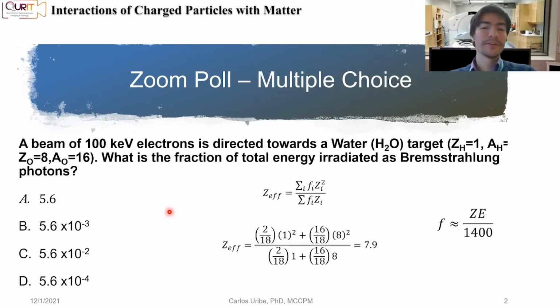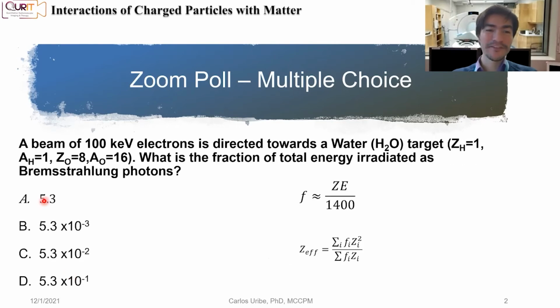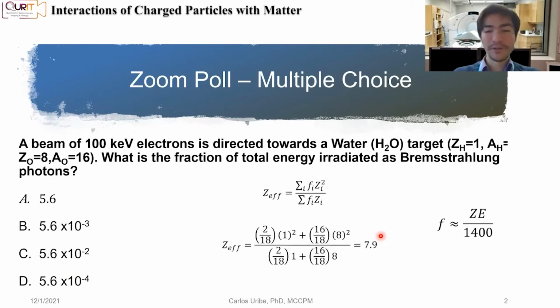When you plug in the numbers, I think the correct answer was D. Sorry, I think I have a typo because here I didn't change the numbers from 5.3 to 5.6. But now that you have Z and now that you have E, let me just quickly do it.